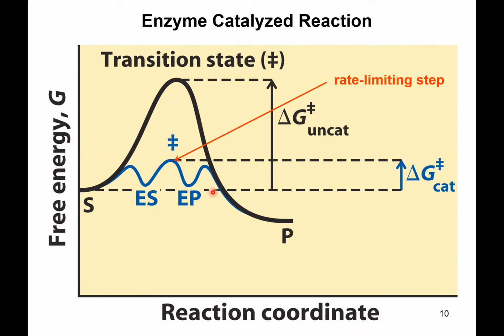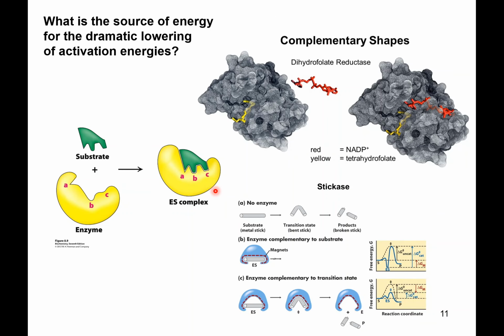Okay. The rate limiting step, we'll mention this again, but the first step is the binding of substrate to the enzyme, and then the transformation of that substrate to a product when it's on the enzyme. This is the rate limiting step. Okay, and enzymes, again, don't affect reaction equilibria, they just affect the rate.